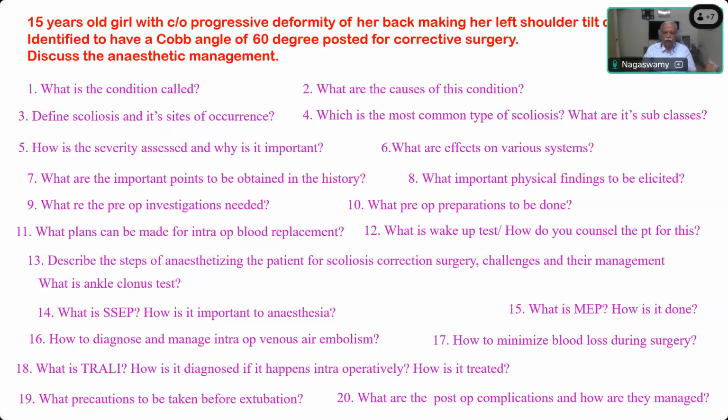So, what are the causes of post-op visual loss in these cases? Post-op visual loss due to external compression on the eyes, prolonged pressure on the eye, which might cause a retinal artery occlusion, sir. Or there could also be ischemic optic neuropathy, which could be secondary to hypoperfusion, sir.